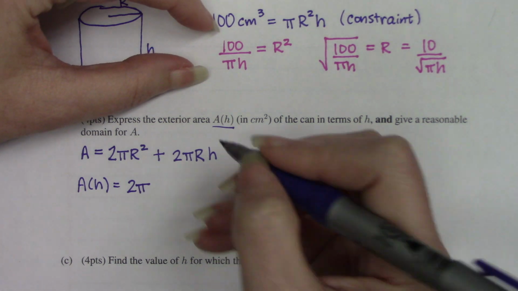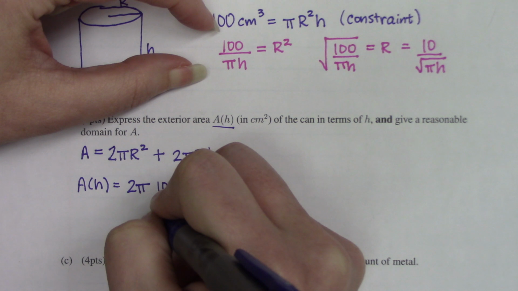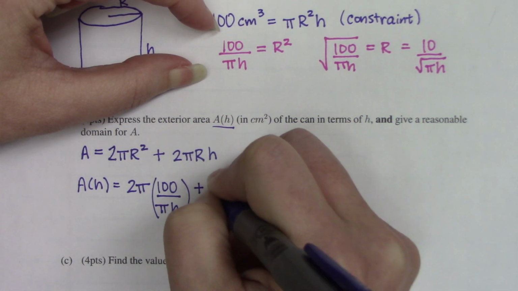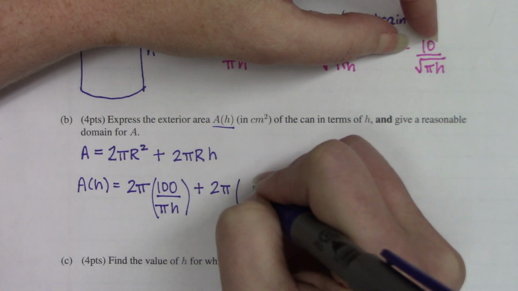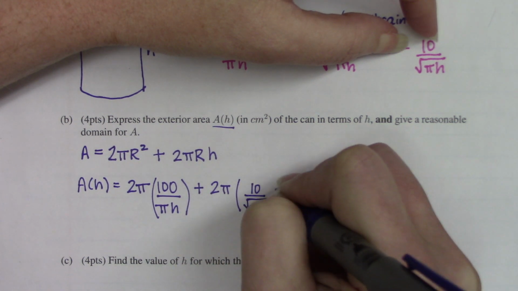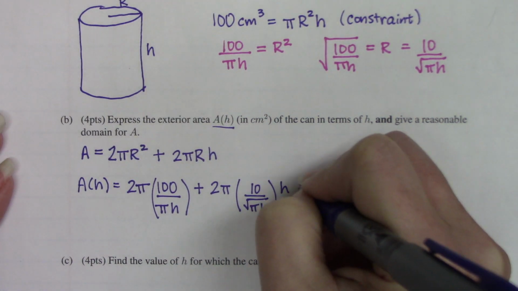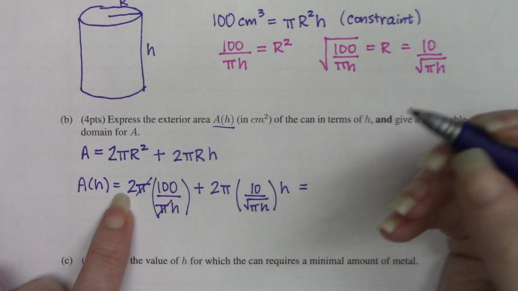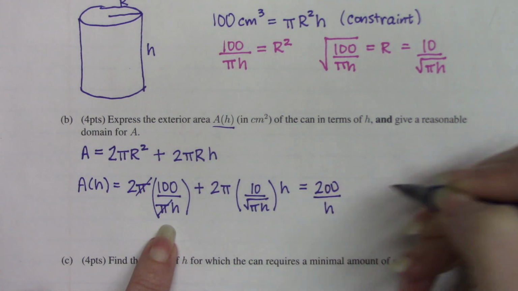Well, I actually have an expression for r squared, so that's going to be times 100 over pi h, plus 2 pi r, and we have r as 10 divided by the square root of pi h, times h. So now let's clean this up a bit. The pi's here are going to cancel. 2 times 100 is 200. So we have 200 over h.